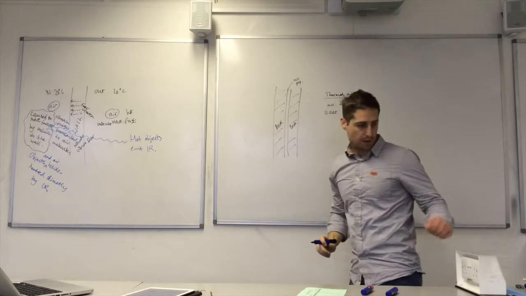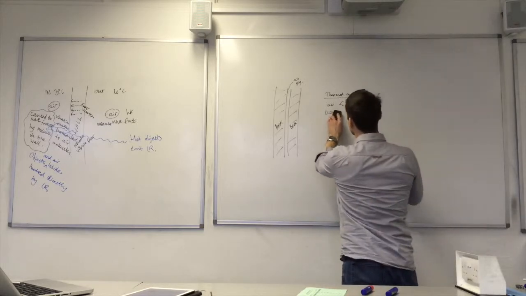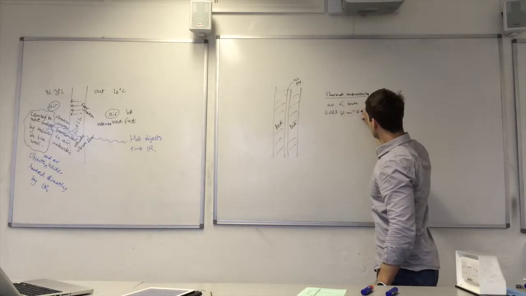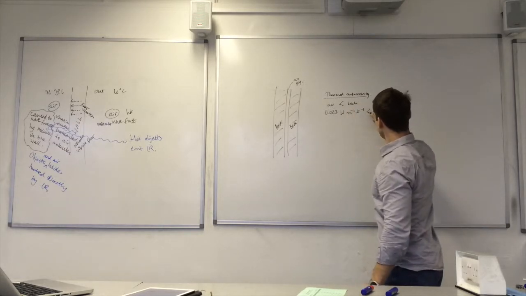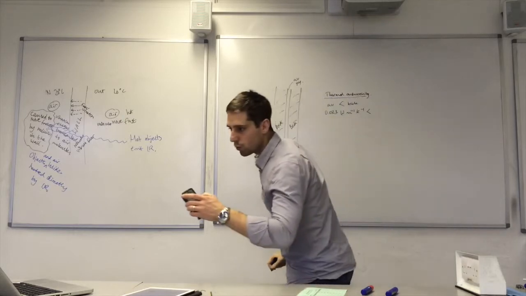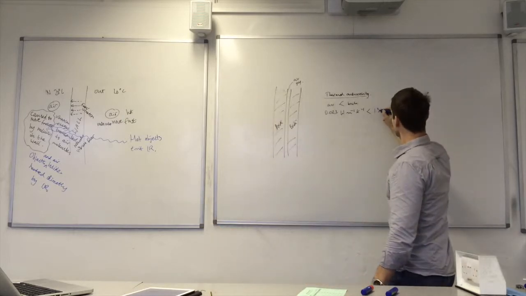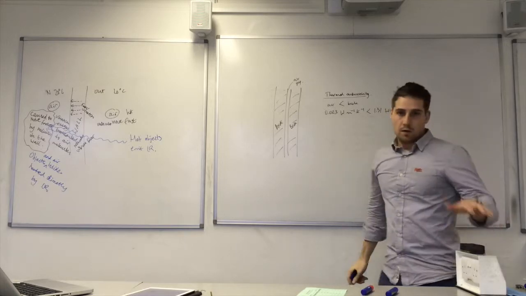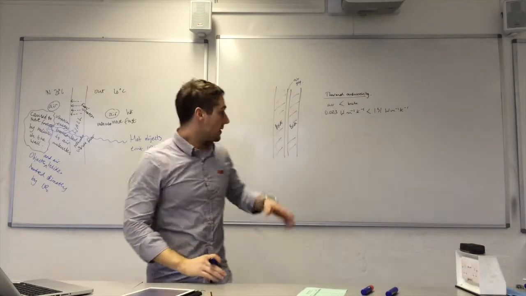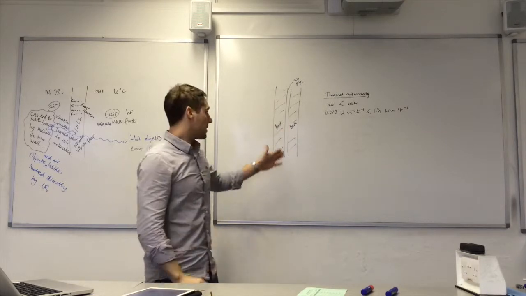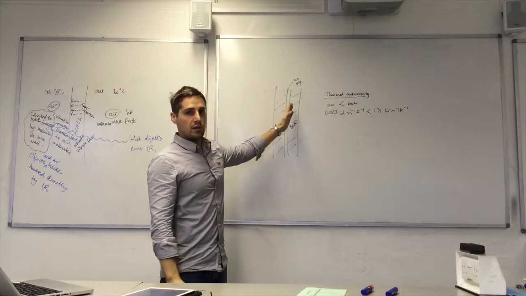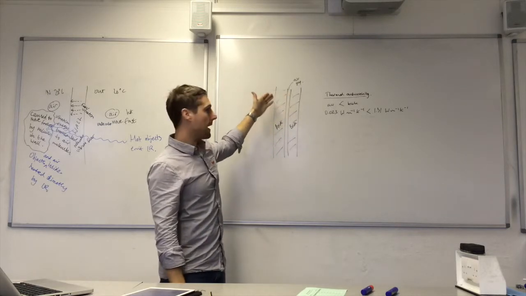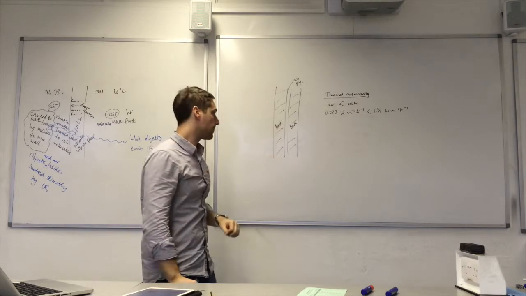Thought 0.0023 is too small. That's watts per meter per Kelvin. That's less than brick, which is 1.31 watts per meter per Kelvin. So that's the first thing we can say about it, that because air has a lower thermal conductivity, conduction is reduced from the brick to the air, through the air, and from the air to the brick.